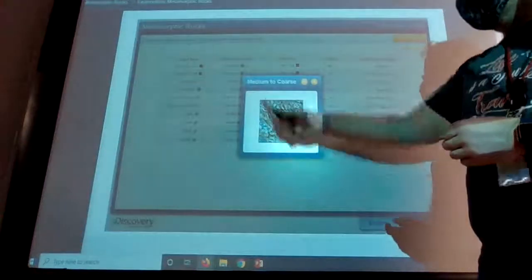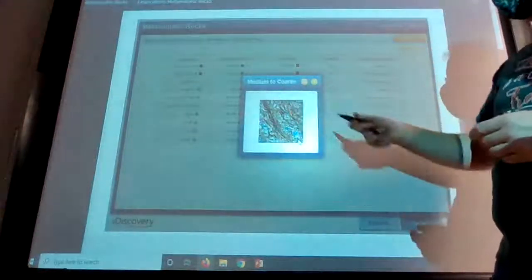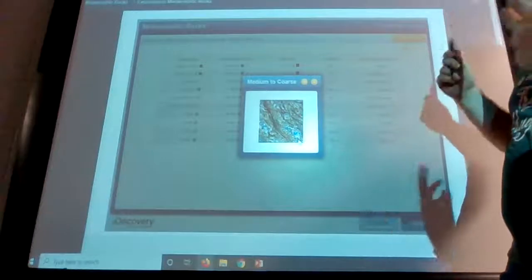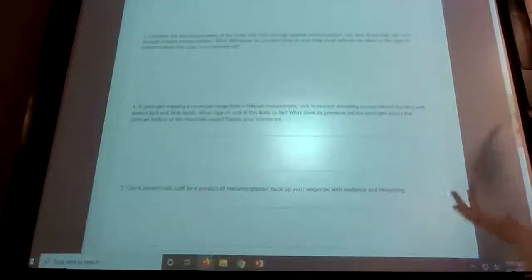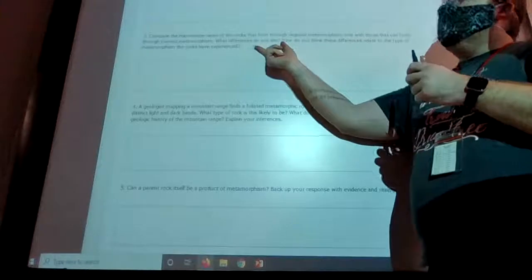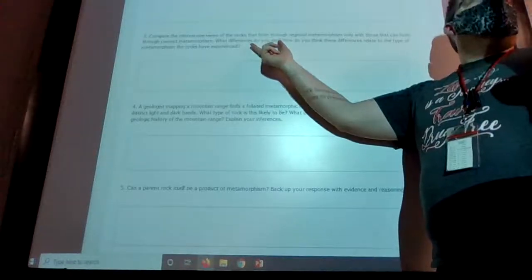And what's the last one look like? Even more lines right here. And so what do we see in the microscope views of rocks from regional rocks and contact metamorphic rocks? So what differences do we see? We see that the regional metamorphic rocks have more linear or more line features.